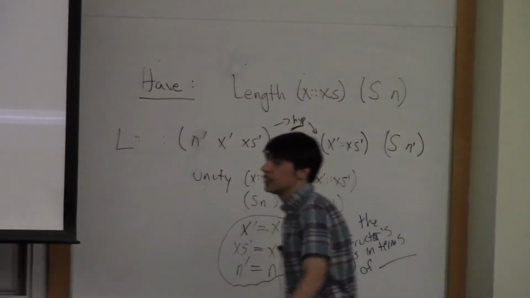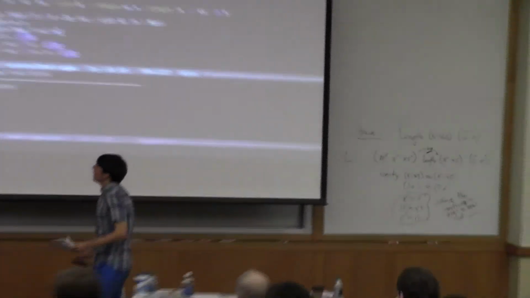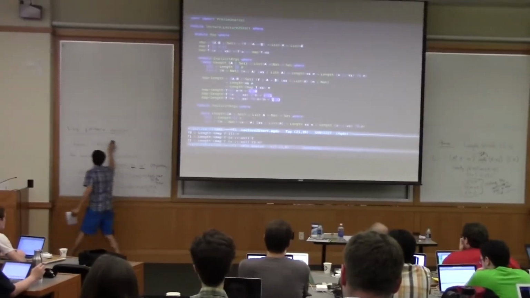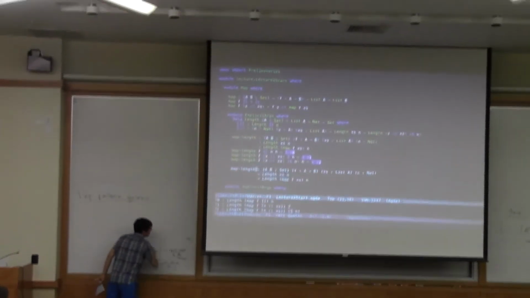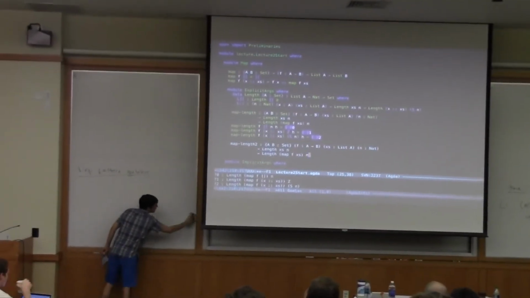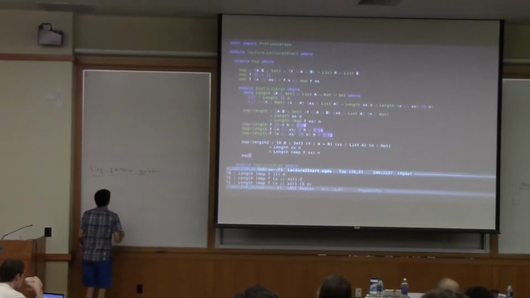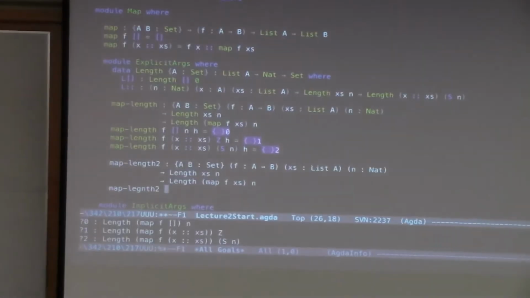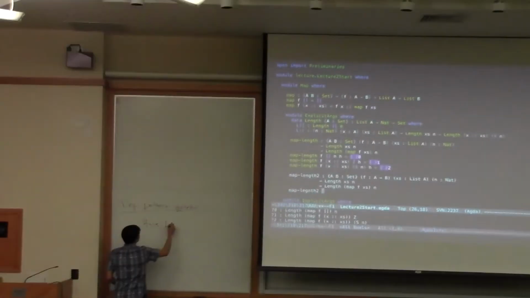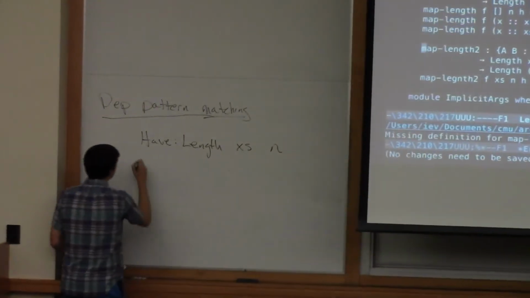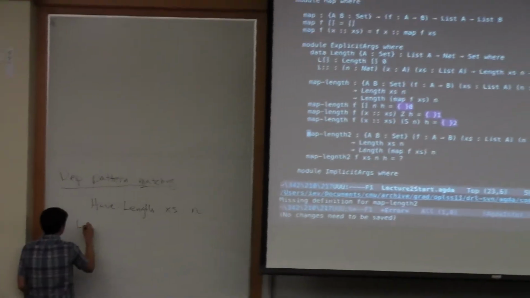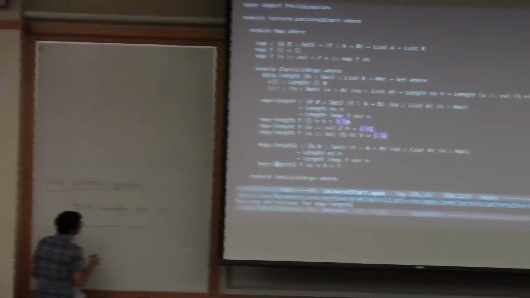All right. I want to look at one or two other ways of doing this proof and what happens with the unification. So another way of doing it is, instead, let's just case analyze the dependently typed data first. So then what happens is we have length of x is n, and L colon colon is going to have the same type as before.